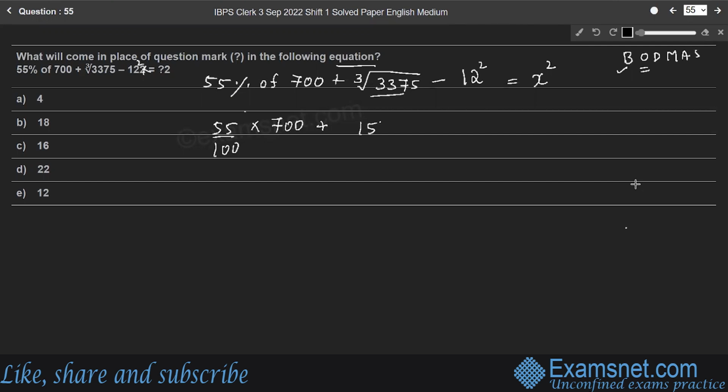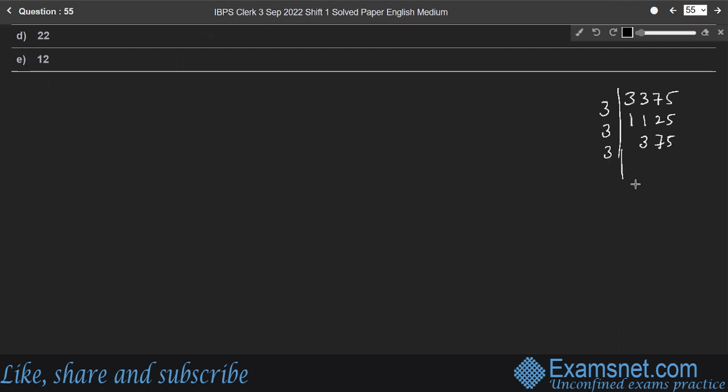So you can verify the answer by factorization method. 3375 divided by, so start with the factor 3 or 5. So 3 into 1125. Again start with 3. 3 into 3 is 9. So 2 is remain. 3 into 7, 3 into 5. Right? So again 3 into 1, 3 into 2, 3 into 5.